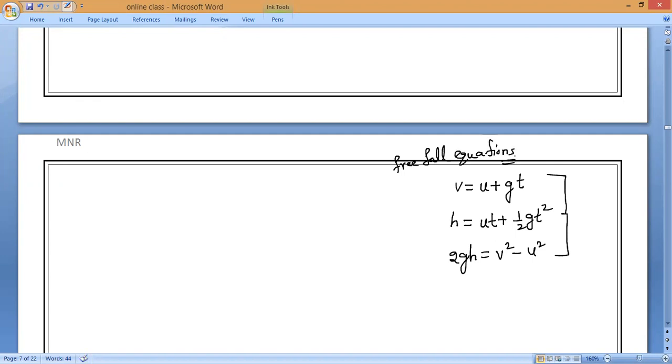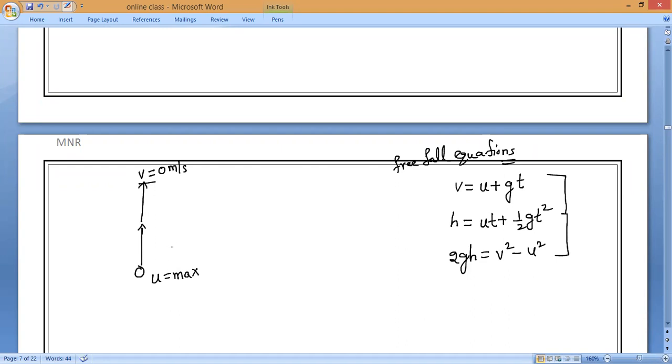All right. Now, one more case you have to remember. When any kind of ball is thrown upward, as we know, the initial velocity is maximum and the final velocity is what, guys? Final velocity will become 0.